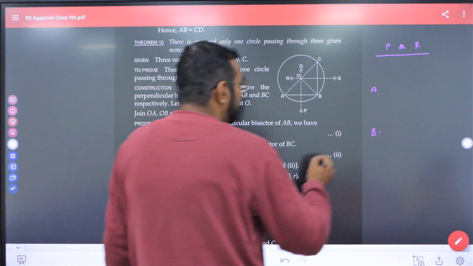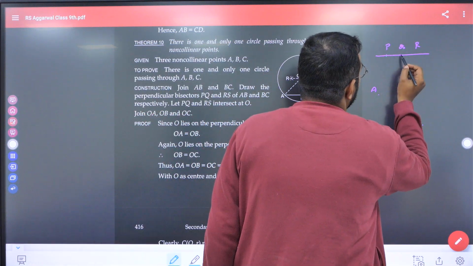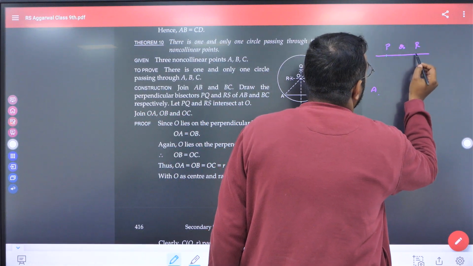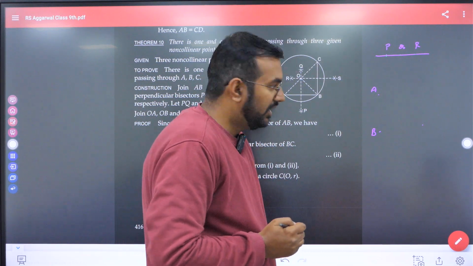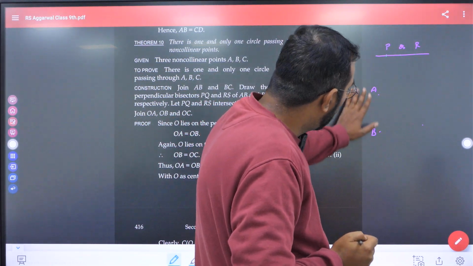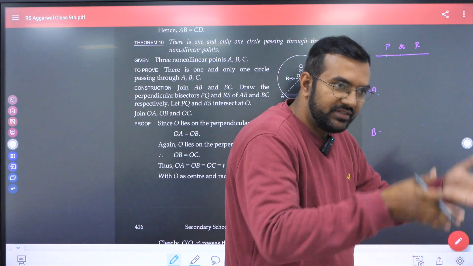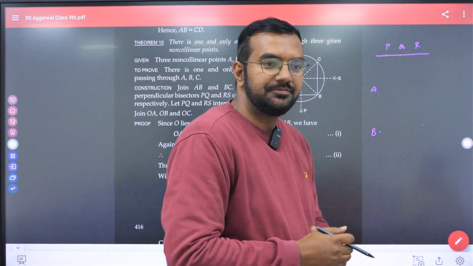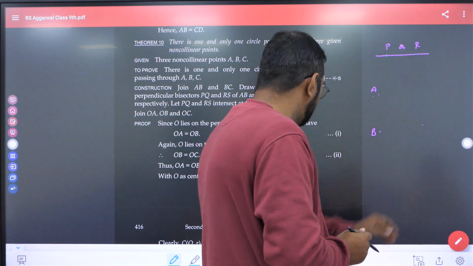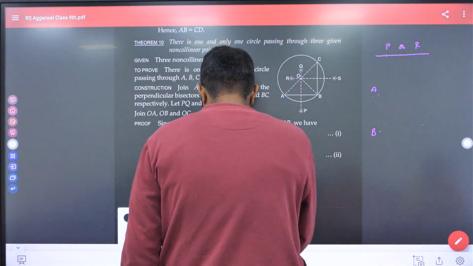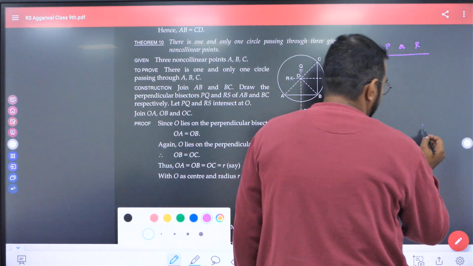So if the points are on the same straight line, then they are collinear points. And if the points are not on the same straight line, they are non-collinear points. So here A, B and C are three non-collinear points, okay?